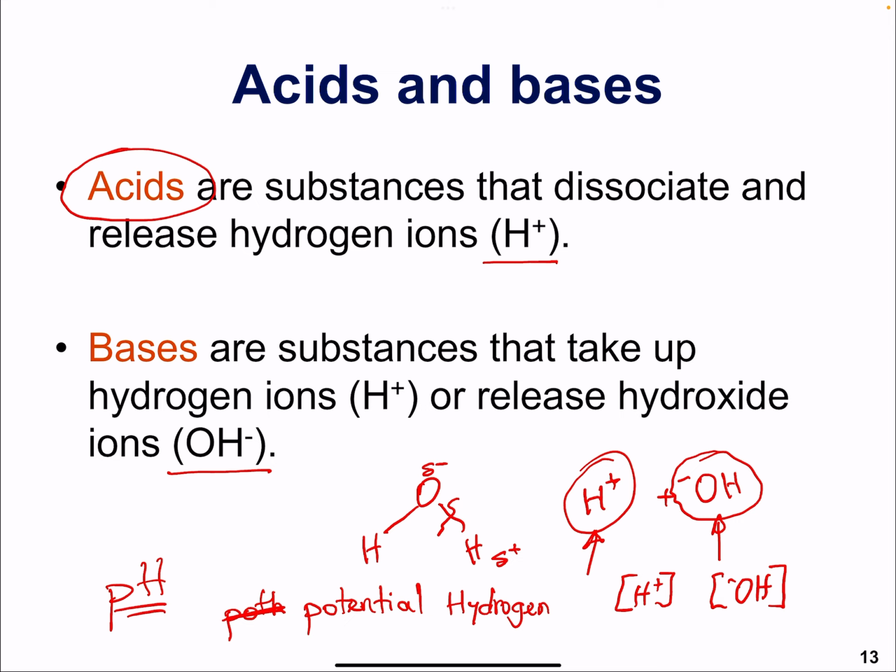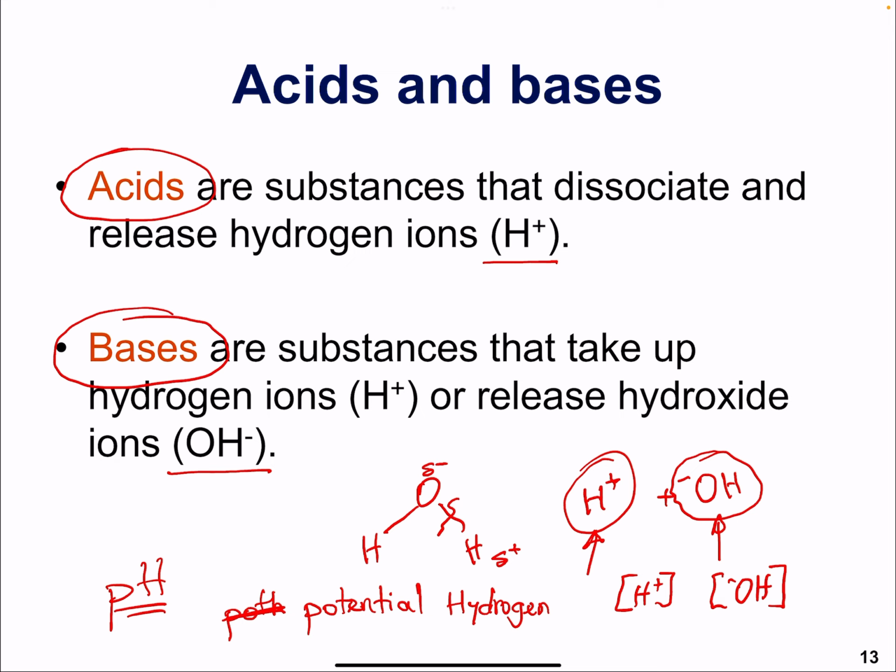These substances are said to be bases. I want you to know the definition of what an acid is and the definition of what a base is, right? An acid substance is a substance that releases hydrogen ion, while a base substance is a substance that takes up hydrogen ion or releases hydroxide ion.